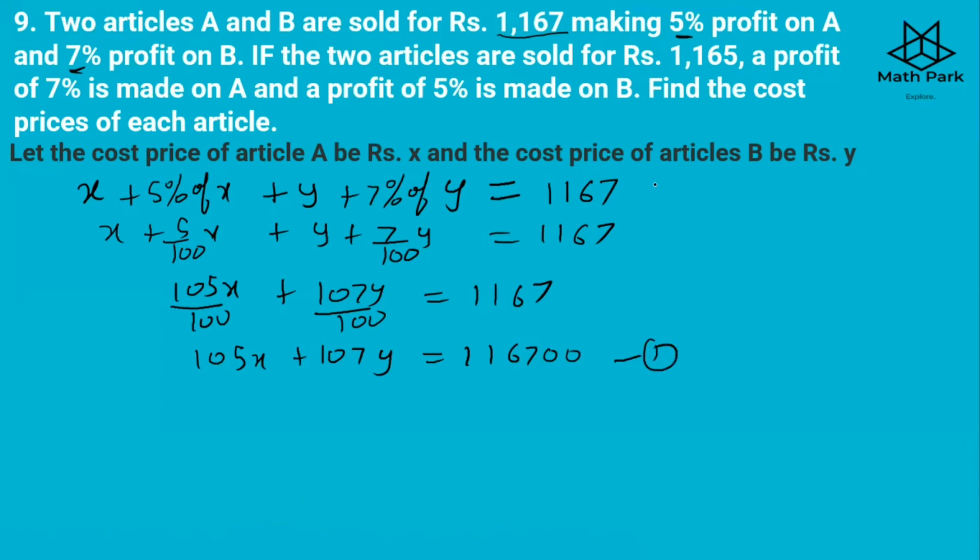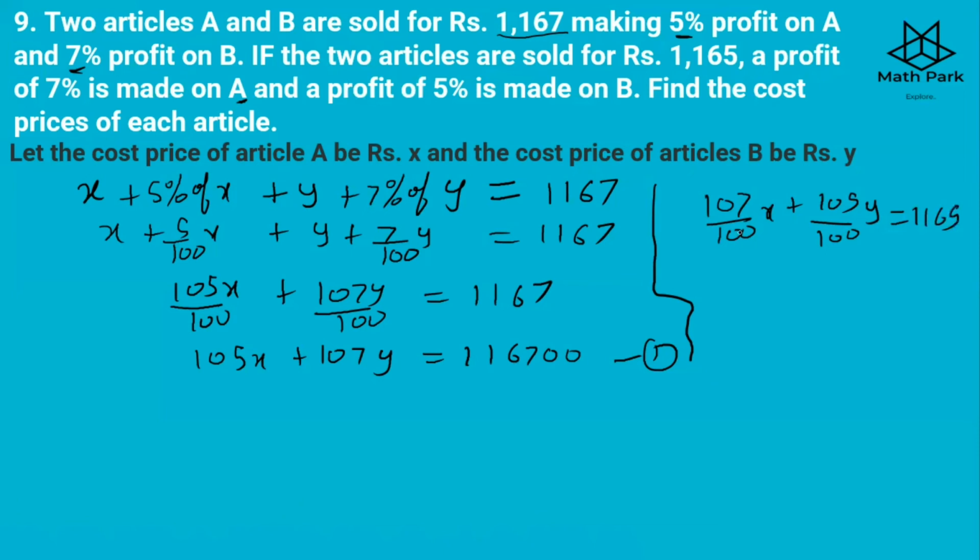Now the second condition. What is the second condition? It says if the two articles are sold for rupees 1,165, a profit of 7% is made on A and 5% on B. So you will get an equation similarly: 107X upon 100 plus 105 upon 100 Y is equal to 1,165.